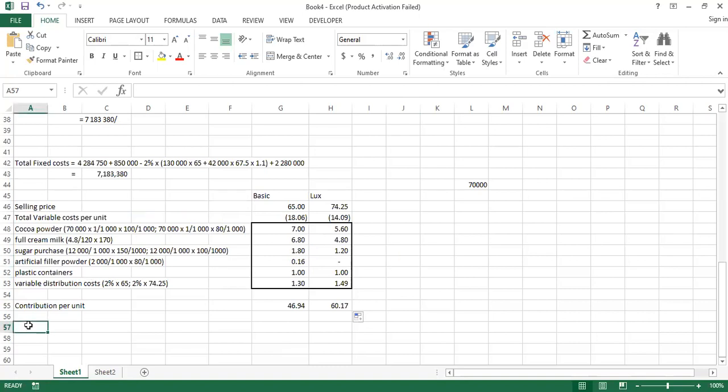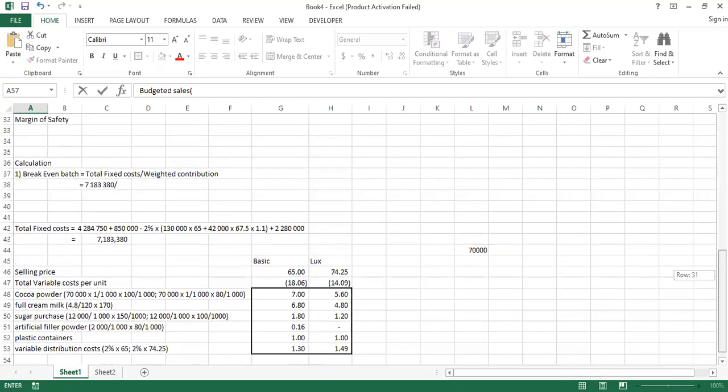So what is weighted contribution? We are weighting this as per budgeted sales. What is our budgeted sales mix supposed to be based on? You always need to watch out for the difference between what is produced and what is sold.